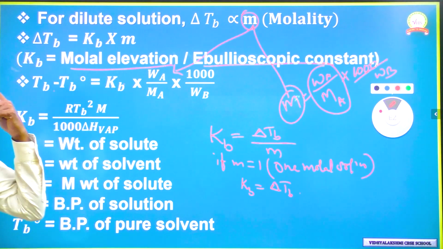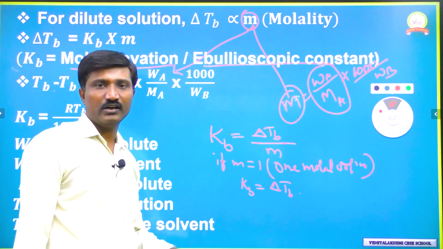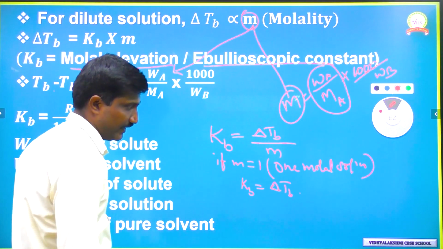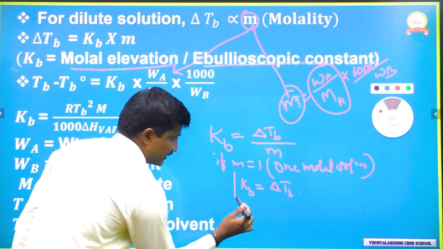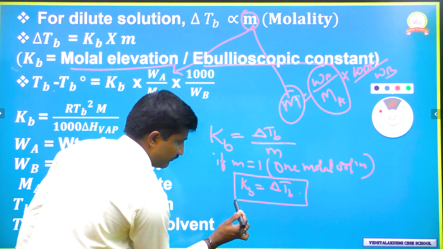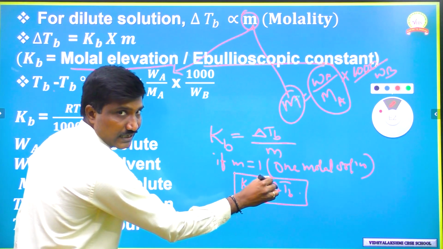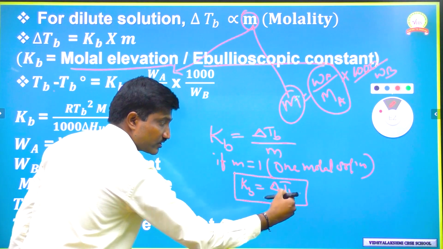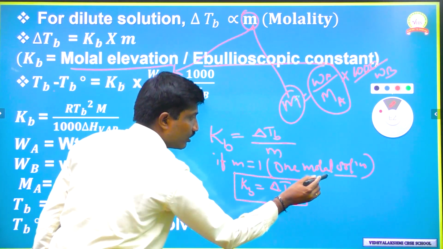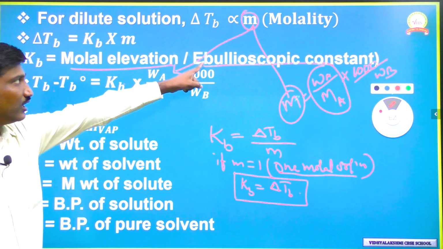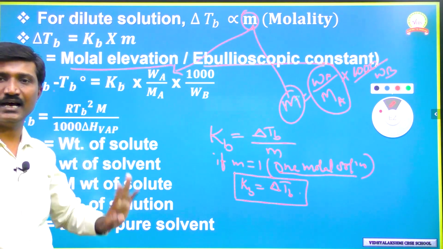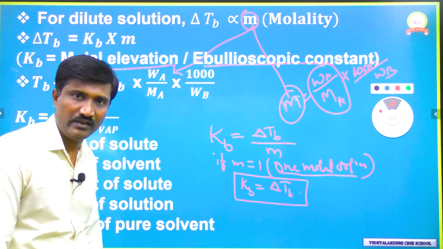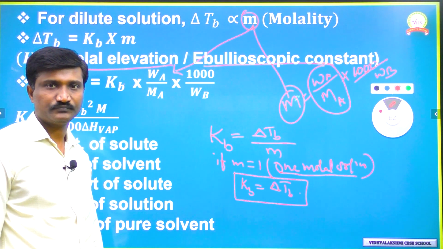So how do we define it? The elevation in boiling point, delta Tb, of a 1 molar solution is called the ebullioscopic constant or molar elevation constant.